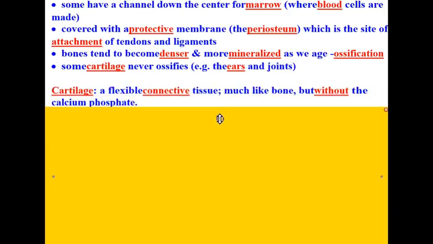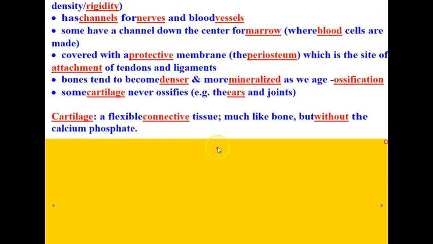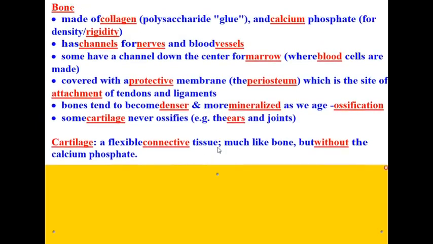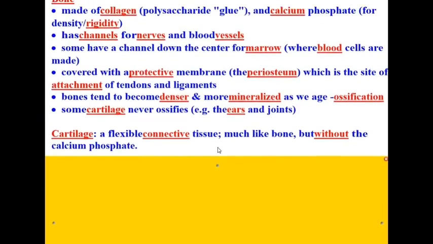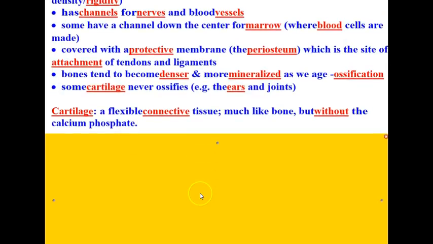Speaking of cartilage, cartilage is a flexible, connective tissue. It's much like bone, but it lacks the calcium phosphate. So cartilage, then, by analogy up here, is mostly made of collagen.